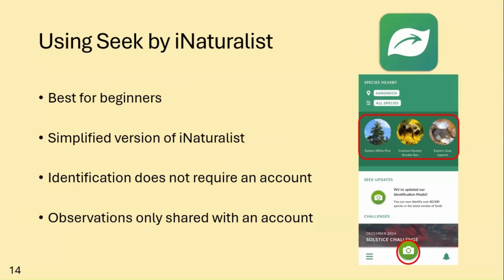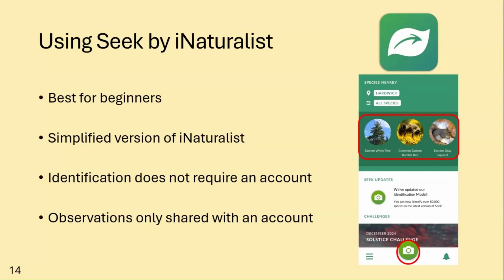If you're having multiple issues using the other iNaturalist apps on your phone, the Seek app might be the one for you. The Seek by iNaturalist app is more beginner-friendly and easier to use, with some game-like achievements and challenges encouraging engagement. After opening the app and enabling your location and photo permissions, you'll be greeted by the screen to the left, or screen to the right, rather.